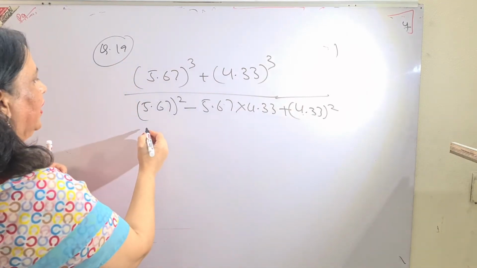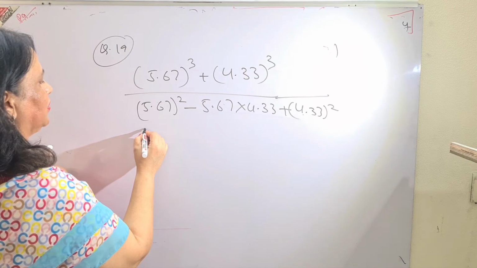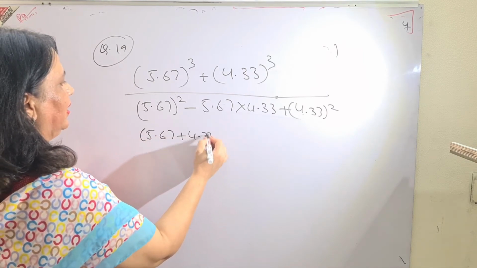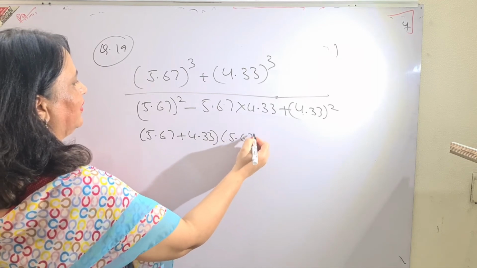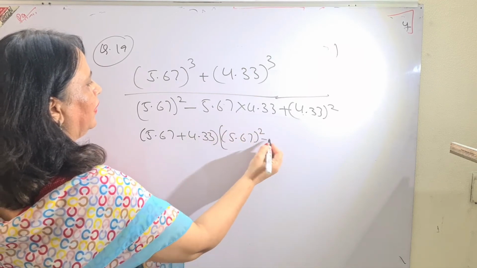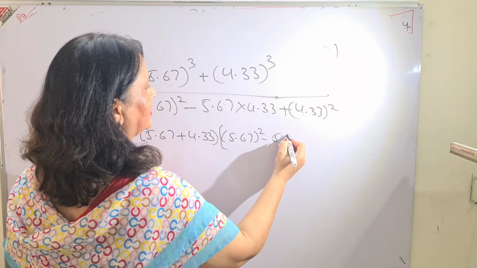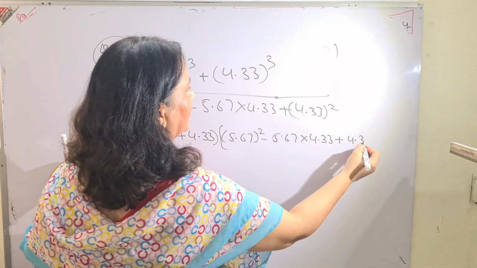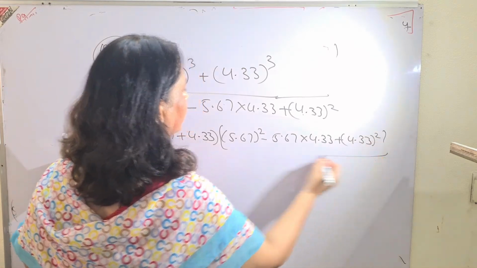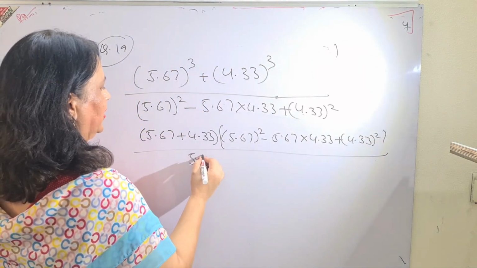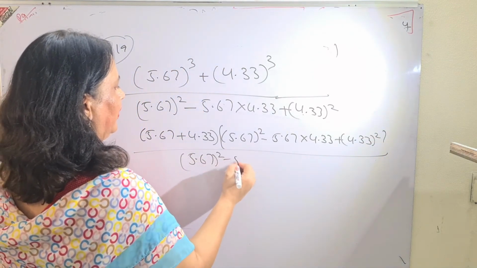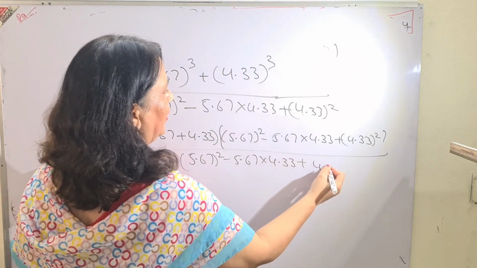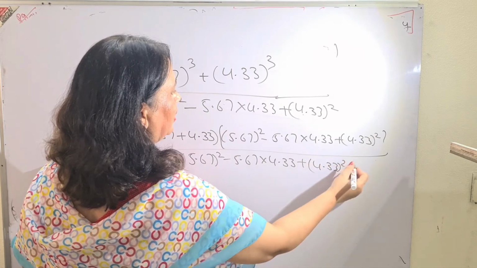Very simple. A cube plus b cube means 5.67 plus 4.33 into 5.67 whole square minus 5.67 into 4.33 plus 4.33 whole square, divided by 5.67 whole square minus 5.67 into 4.33 plus 4.33 whole square.